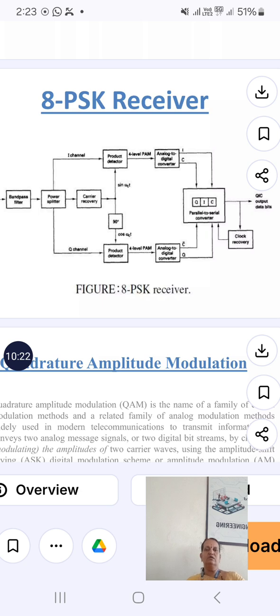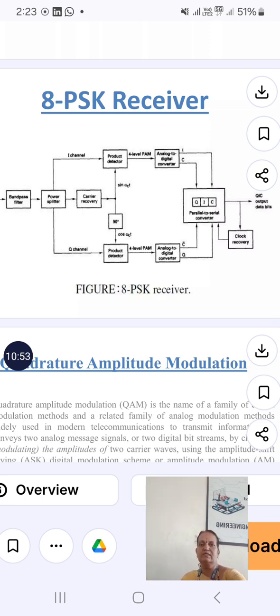There we did digital to analog conversion; here we do analog to digital conversion. And at the output we have the QIC module. The Q component is the quadrature component, the I component is the in-phase component, and C decides the voltage levels. So we are recovering the output data bits. The 8 PSK input is given to the receiver, and we receive the output data bits.